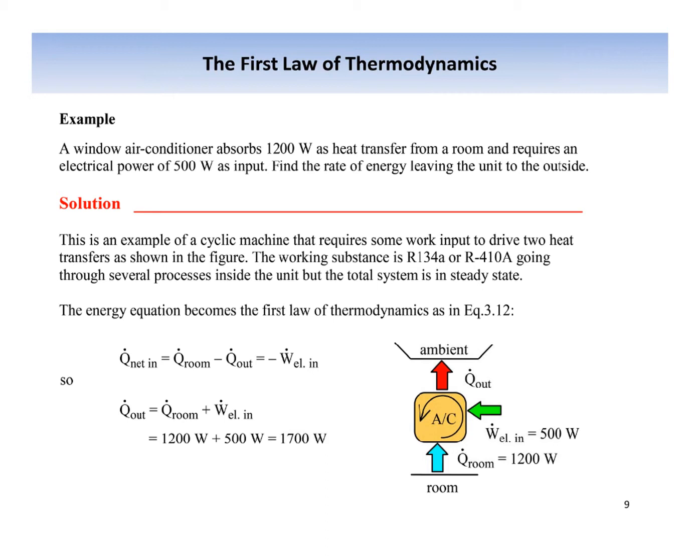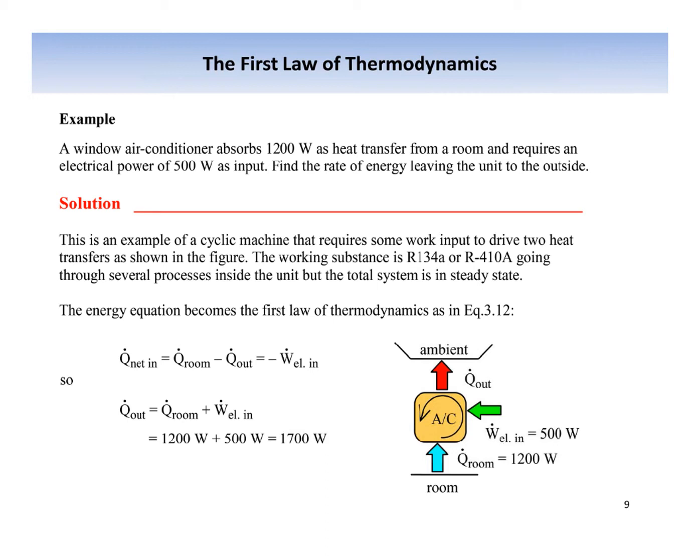Now, we are using the first law of thermodynamics in the form of power, that's why you are observing these dots over the heat and work. Because here the data is in the form of power, and power is the rate of producing energy, doing work, or moving heat.